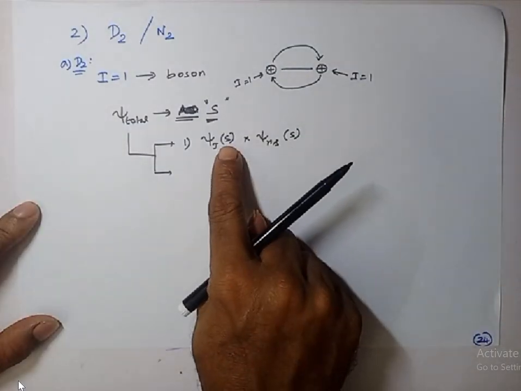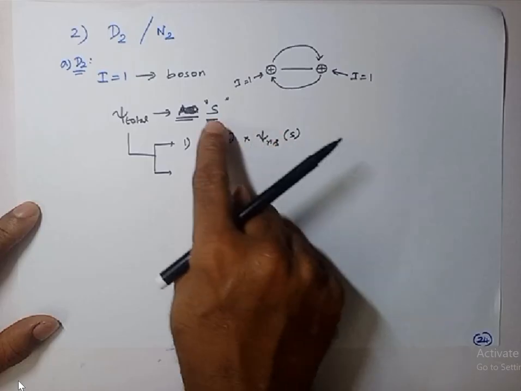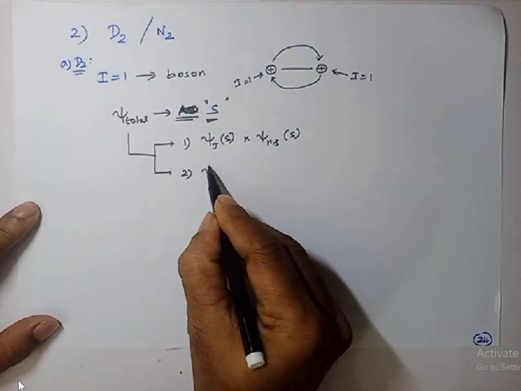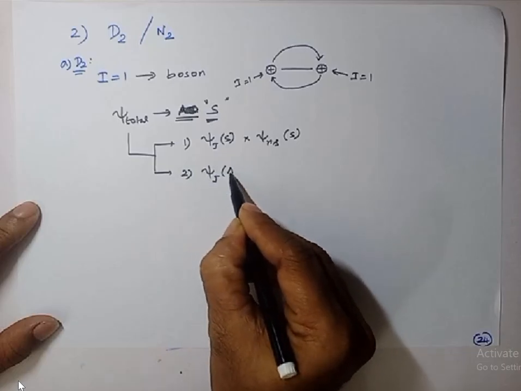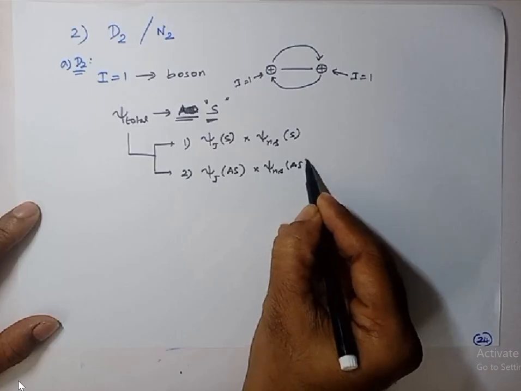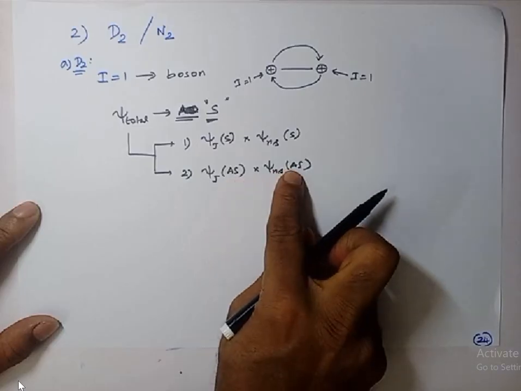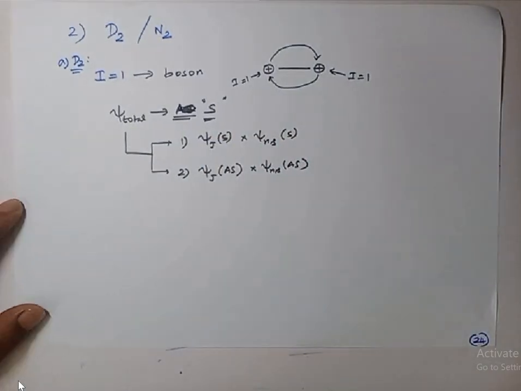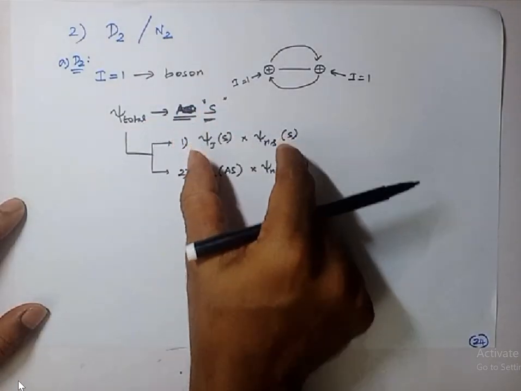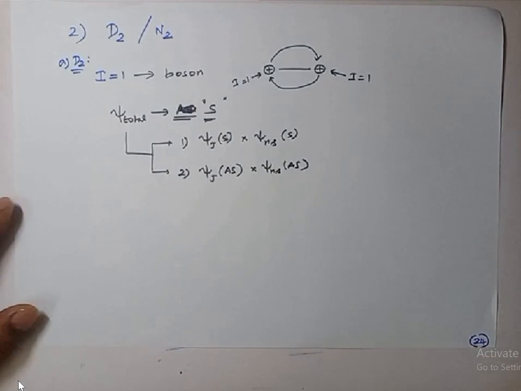Only symmetric into symmetric will give symmetric. And what is the other possibility? If the rotational state wave function is antisymmetric, the nuclear spin should also be antisymmetric, so that antisymmetric into antisymmetric is symmetric. So for the total wave function to be symmetric, these are the two possibilities.